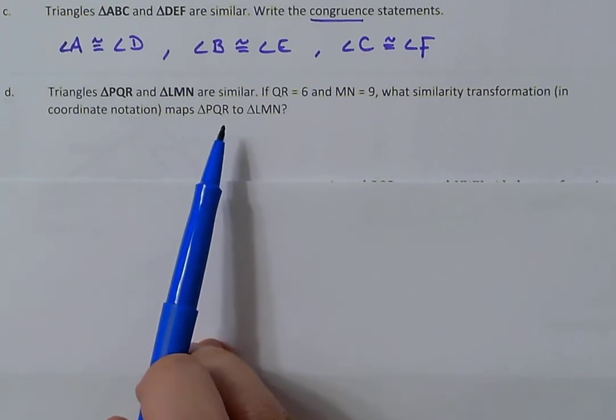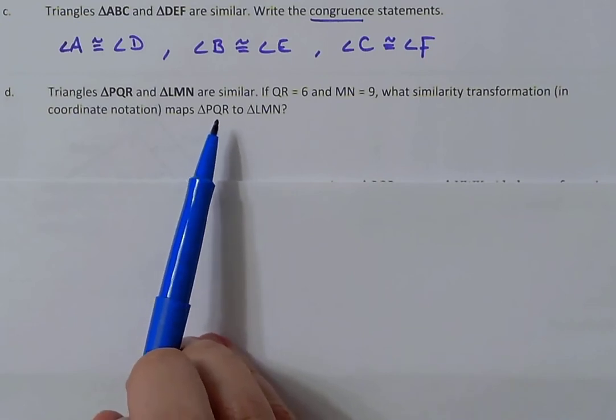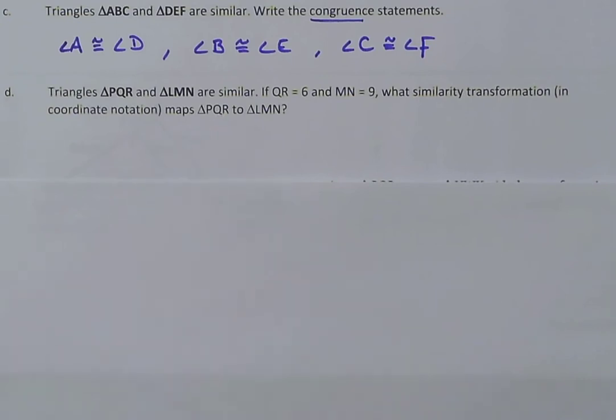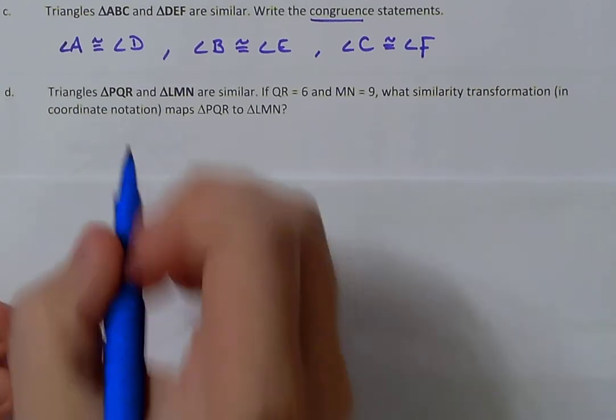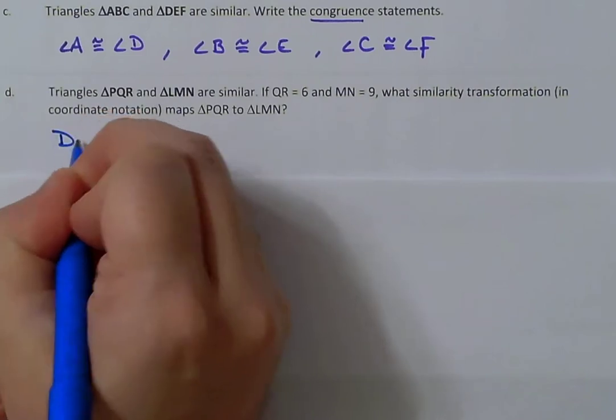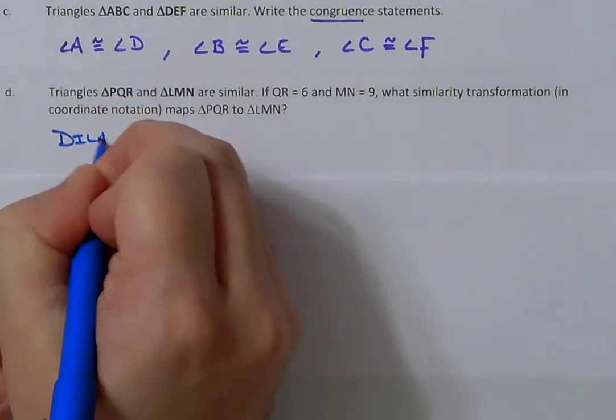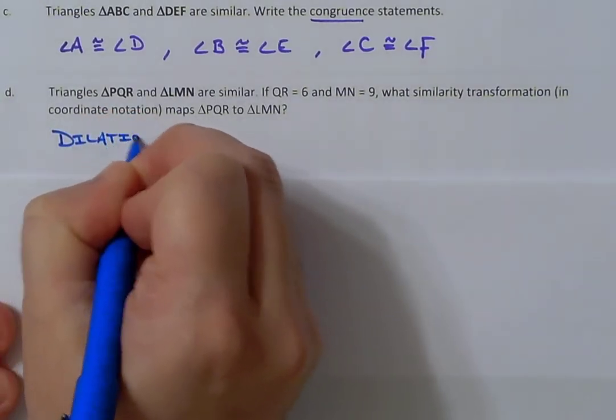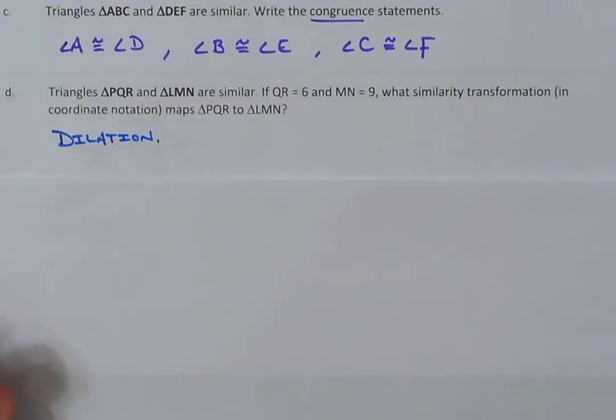Because we were talking about similarity transformations, the one that's going to map PQR to LMN, because we're talking about similar figures, is going to be a dilation. And then it wants us to write it in coordinate notation. So we have to write this dilation.